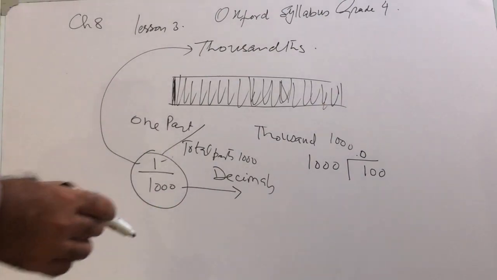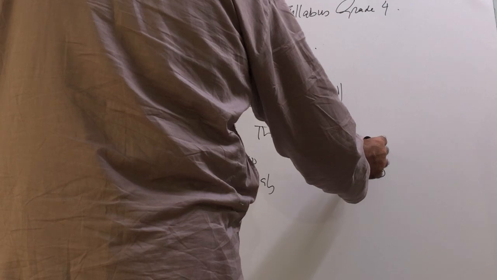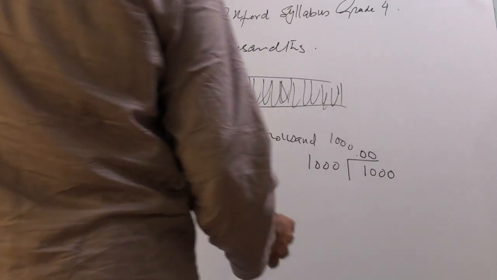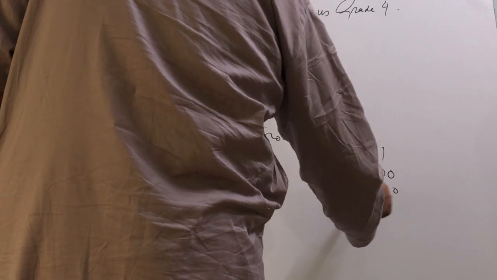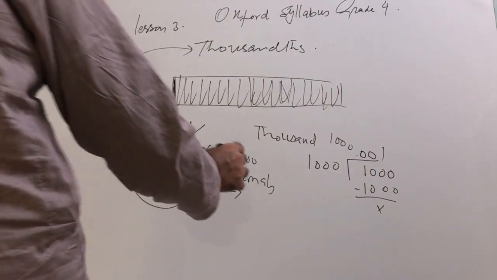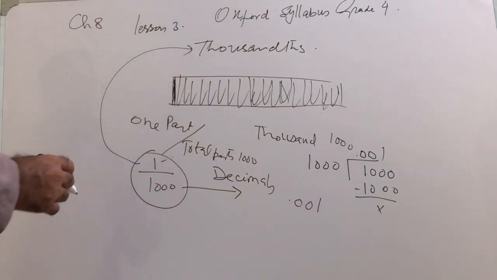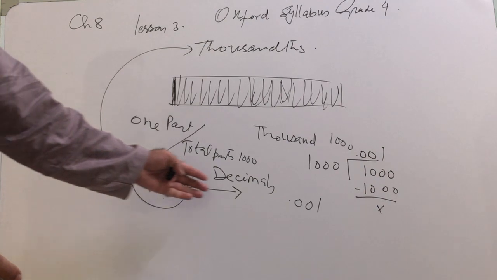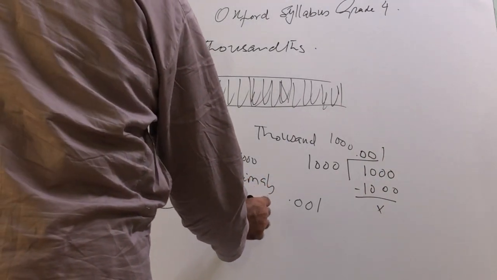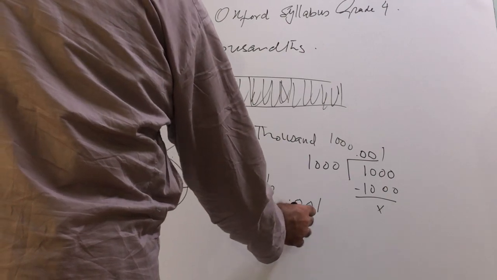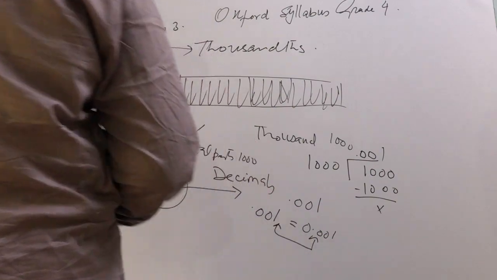It becomes 100. Still 100 is lesser than 1000, we cannot divide, so put 0 here and 0 here. Now we can divide. So 1000 ones are 1000, so 0.001. This is the answer. When we convert this fraction into decimal, we get 0.001. And also remember that the fraction and the decimal both are the same. There is no difference between these two.